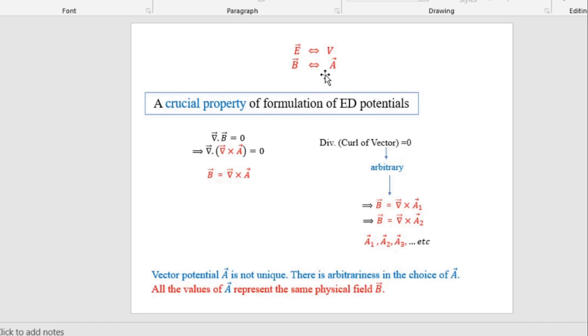That means the concept of gauge transformations of the electromagnetic potentials is based on this property that we are going to understand. So let us discuss this crucial property of the formulation of electromagnetic potentials V and A.